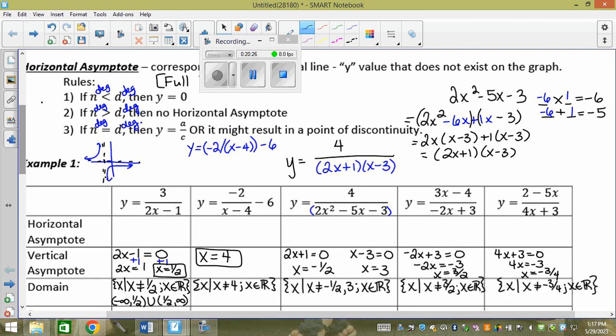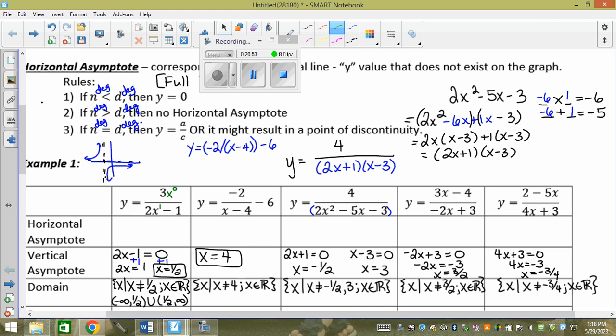So we're going to look at the degrees of the numerators and degrees of the denominators. This one doesn't have an x in the numerator, right? So we can write it as x to the what? x to the 0. Because what is x to the 0? 1. Anything to the power of 0 is 1. Now this one is x to the 1, right?